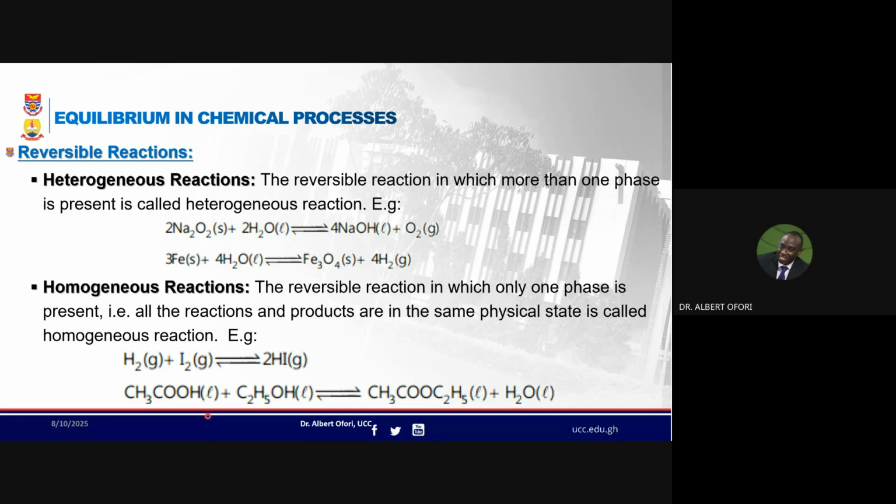Or acetic acid being a liquid and ethanol also a liquid combine to produce the ester plus water. They are all in the same phase. Then we say that is a homogeneous mixture. Is that okay?